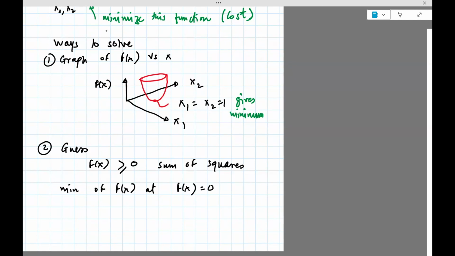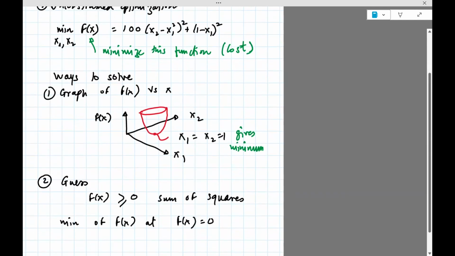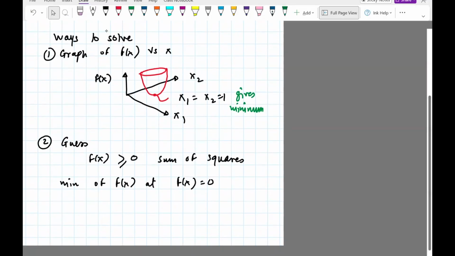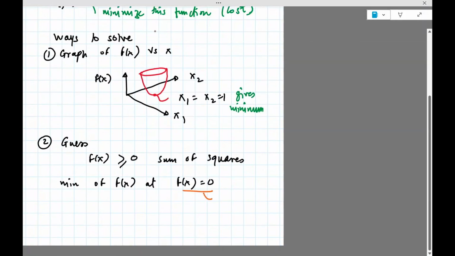Because f of x cannot take a negative value, because it's a sum of 2 square terms. So this is actually our guess. We're making this guess based on, I would say, domain knowledge. You know something about the cost.